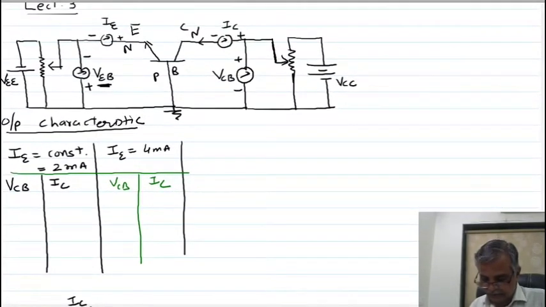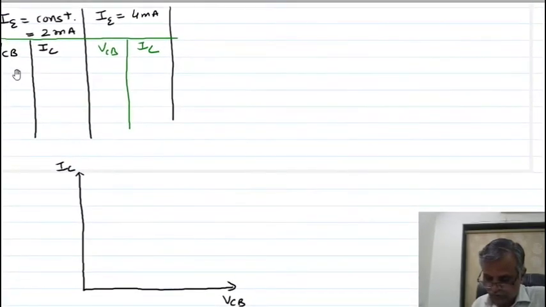The graph of output collector current versus output collector base voltage at a constant value of the input emitter current is called output characteristics. So, I am showing you the nature of the graph. You get it like this.